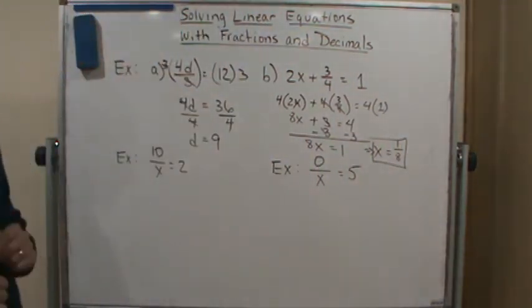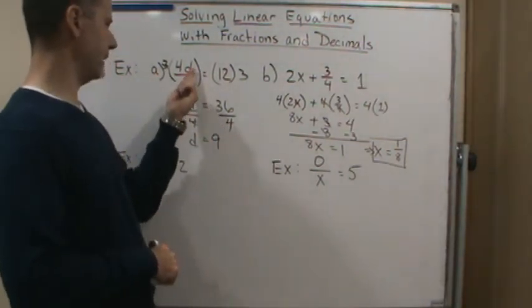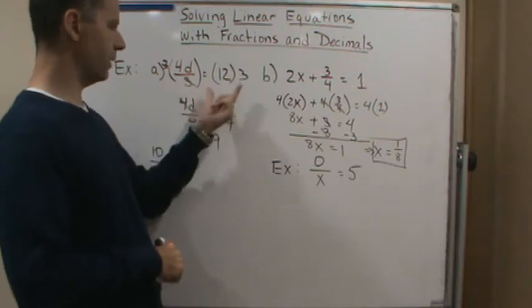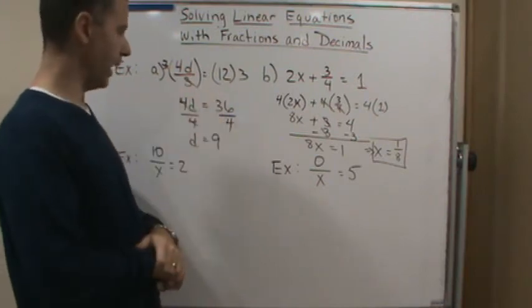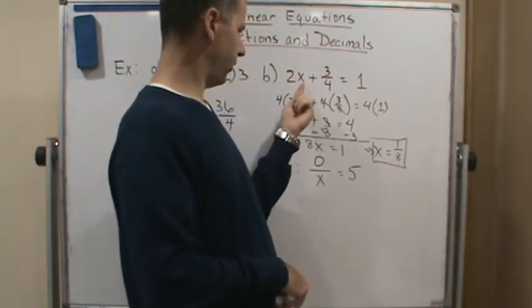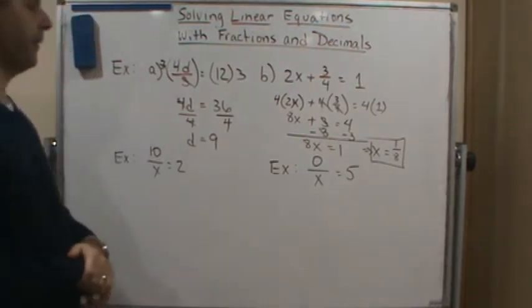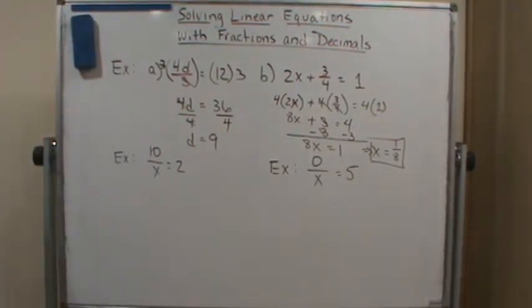And again, you could check your answer, and I recommend that you check your answer. Go back and plug 9 in for d and see if you get the same answer on both sides. And then plug 1/8 in for x and see if you get the same thing on both sides.